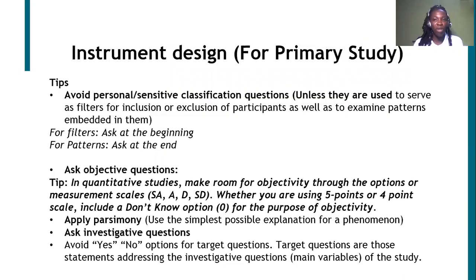If you are working on a primary study, recall that primary studies are studies that make use of primary data, while secondary studies are studies that make use of secondary data.